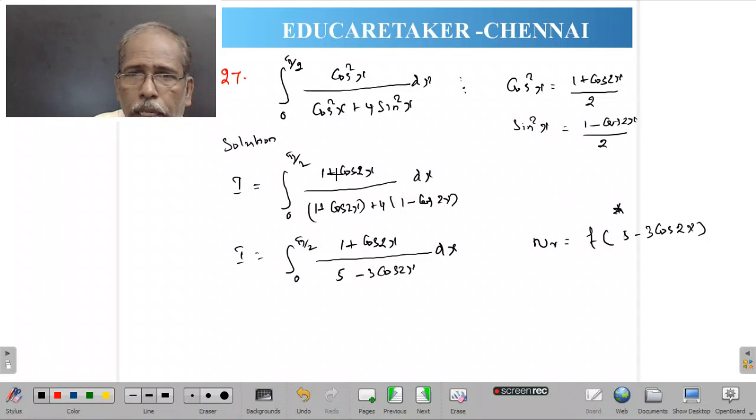If it were sin, we could try the substitution method, because the derivative of sin 2x would be cos 2x. Here numerator has cos 2x, denominator also cos 2x. So the adjustment is required. Let us try to write the numerator as a function of the entire denominator, 5 minus 3 cos 2x. What to do?